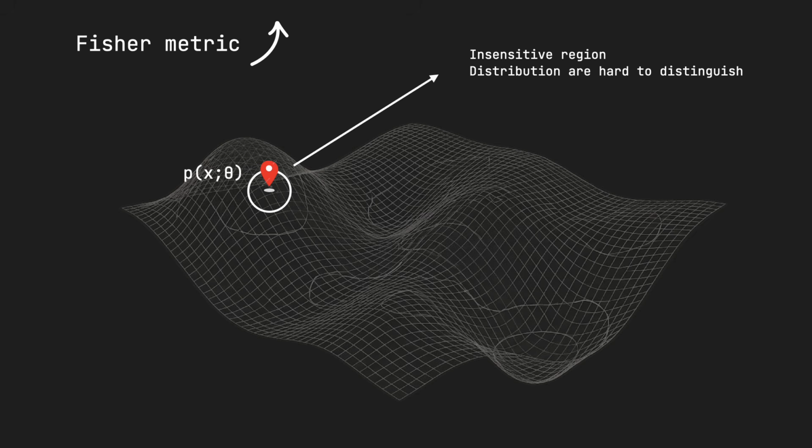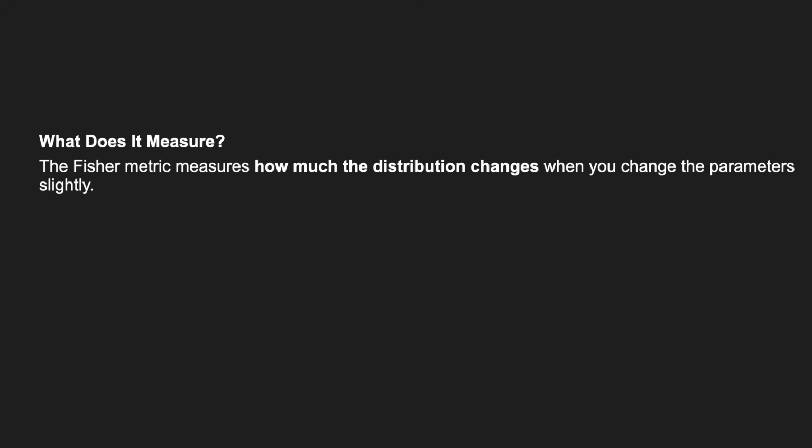What this paper talks about is something much easier than the Fisher metric, and it transitions to the math of quantum mechanics that we could use. If we take a step back, the Fisher metric measures how much the distribution changes when you change the parameters slightly.